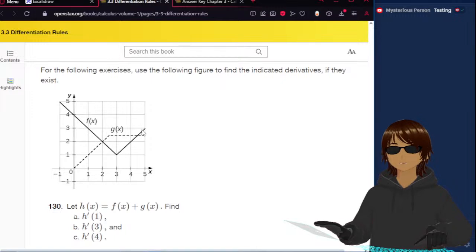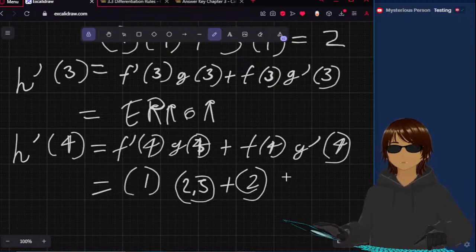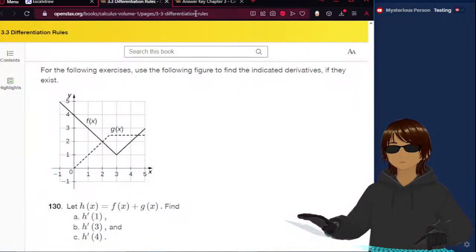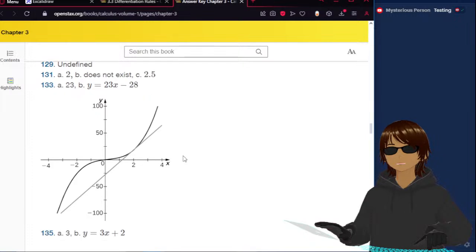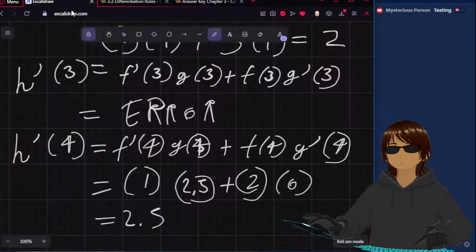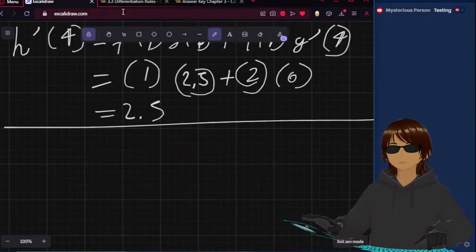But the slope is 0. Over here it's a positive 1. So this is positive 1. This is 0, so it's 2.5. 131. 2 does not exist. 2.5. Good. Next one.